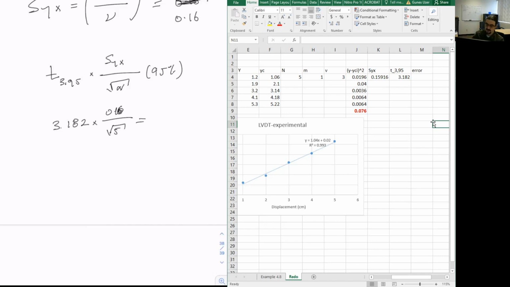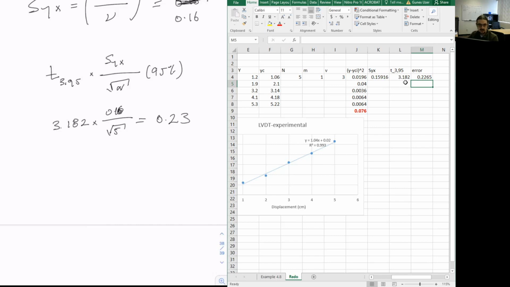So that value in Excel, let's go back, is this times that divided by square root of n. So then my error is 0.2265, and we can round that to roughly 0.23.